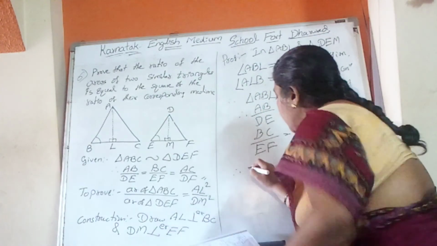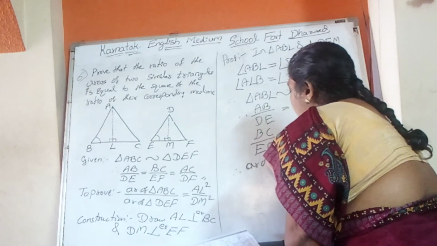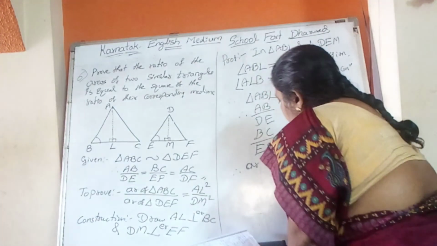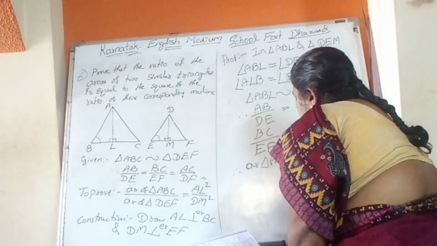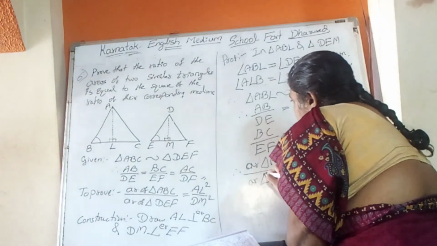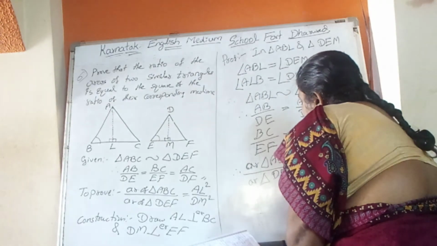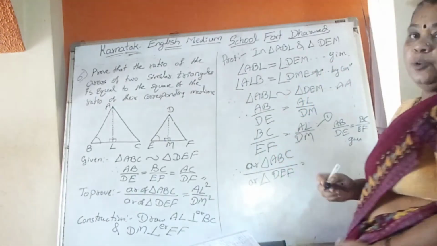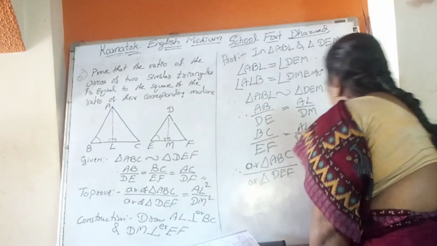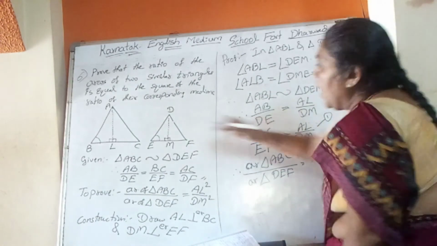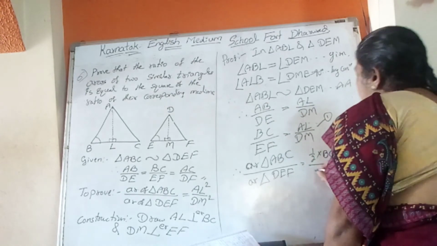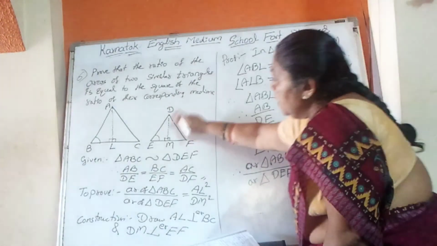Therefore, area of triangle ABC divided by area of triangle DEF is equal to, you know that formula, 1/2 into base, which means BC, into height, which means AL, divided by 1/2 EF.